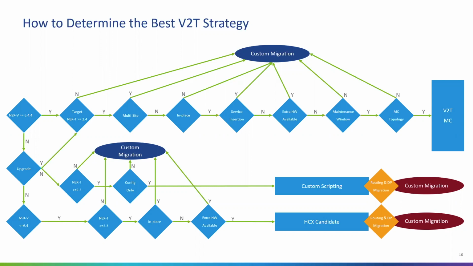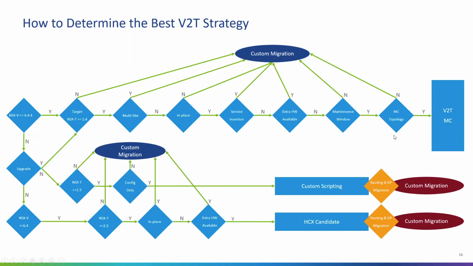Well, this matrix here gives you an idea of what is possible for the decision that you're going to make. And unless you're able to answer a lot of these questions that you see up here at the top correctly, or at least in a way that's going to lead you down this path, you won't be able to do that in place, at least with migration coordinator.